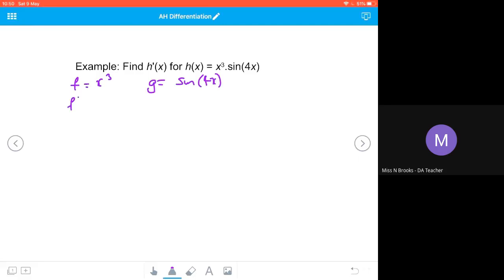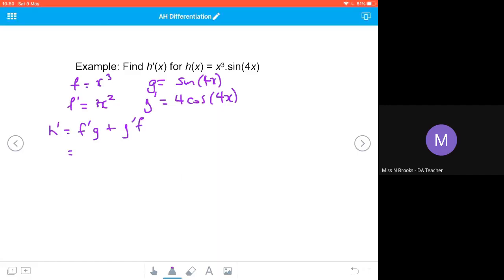So f prime is going to be 3x squared and g prime is going to be 4 cos 4x using my chain rule. So h prime is going to be f prime g plus g prime f.